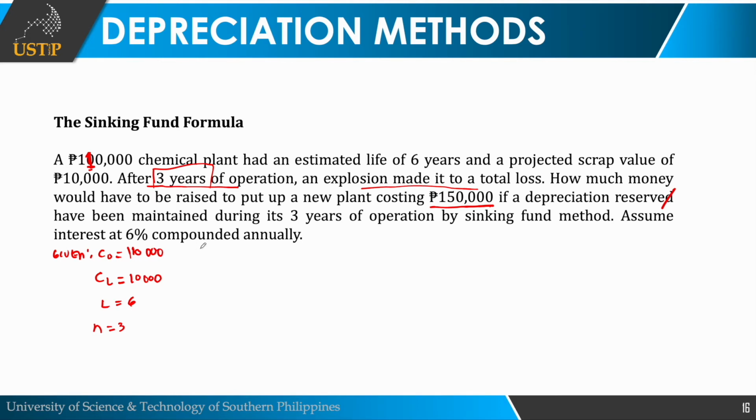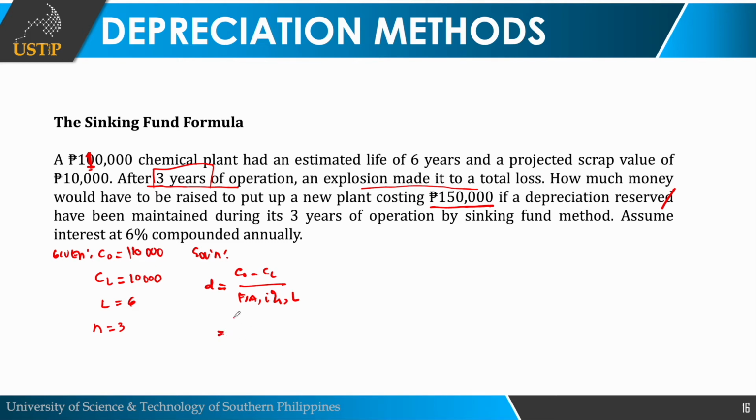Okay? So to solve that, we need to find the annual depreciation cost, which is (CO minus CL) over F given A, i percent, L periods of time.